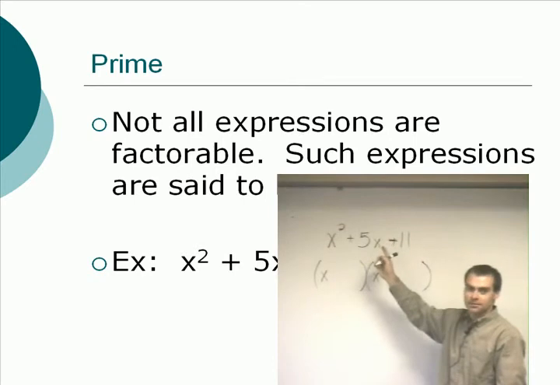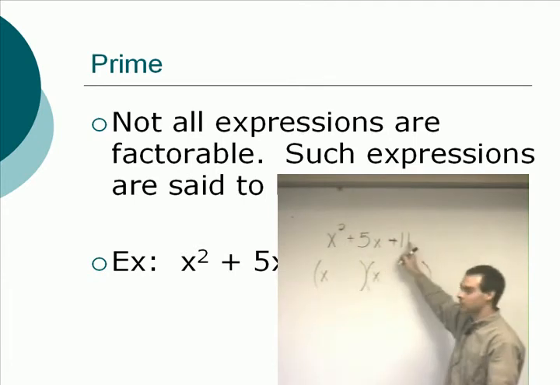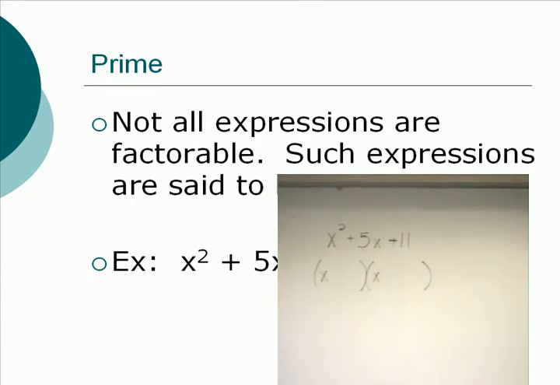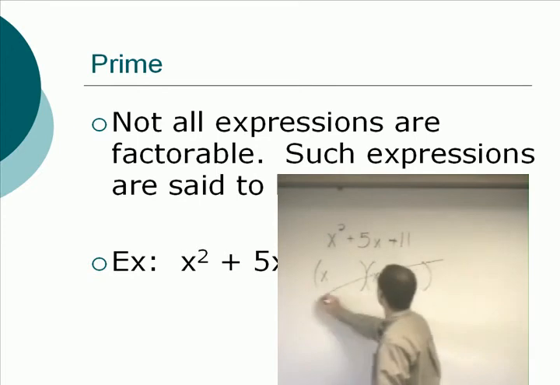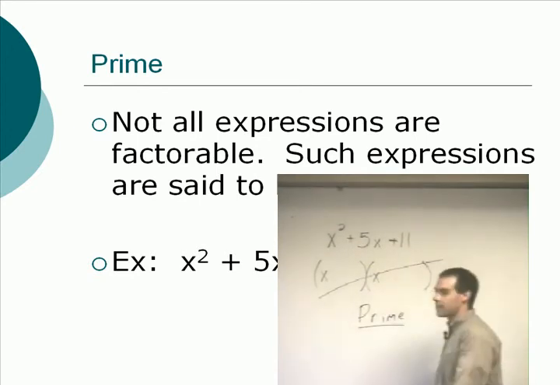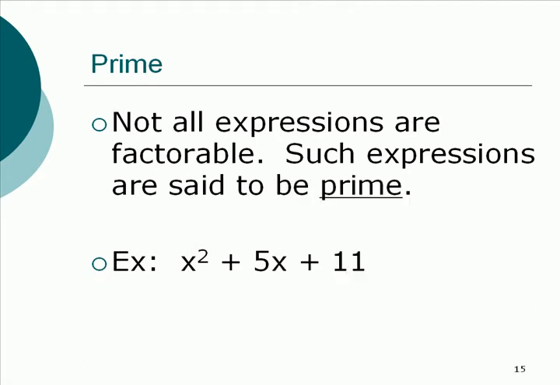It's not going to happen. You're not going to find two numbers that will multiply to give you 11 but add up to 5. So it can't be factored. Okay? So, beware of prime expressions.